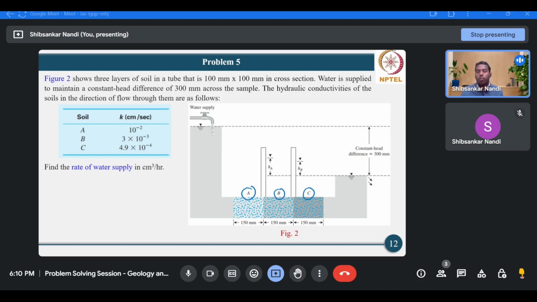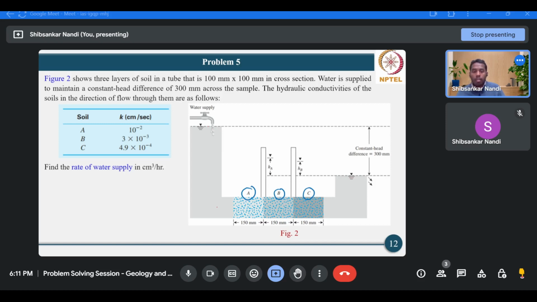Okay, so with this configuration or with this kind of problem statement, you need to calculate the rate of water supply which is basically occurring through the soil samples. So first we need to identify the direction of flow. This is the water supply and this is the outflow.